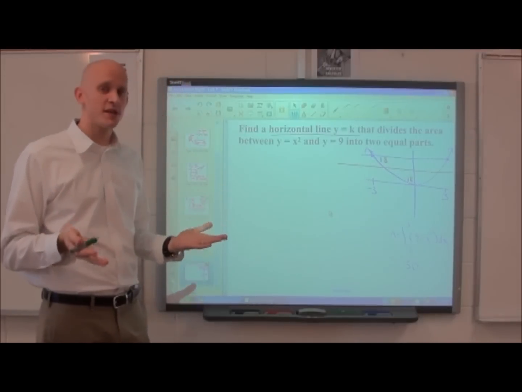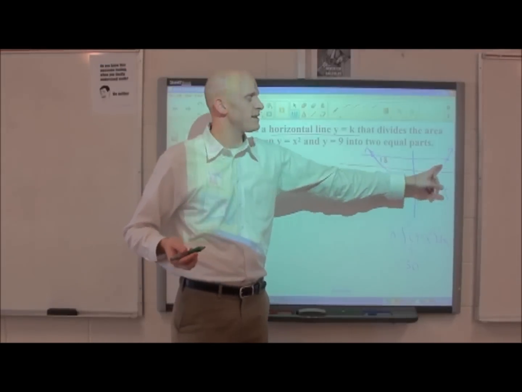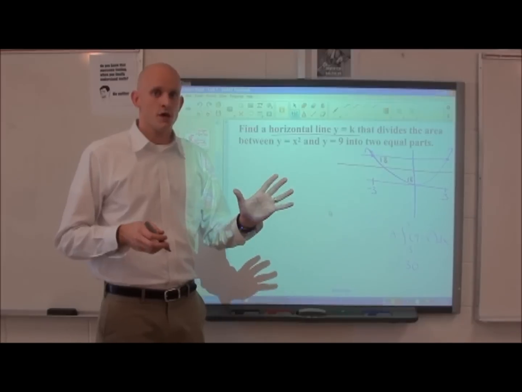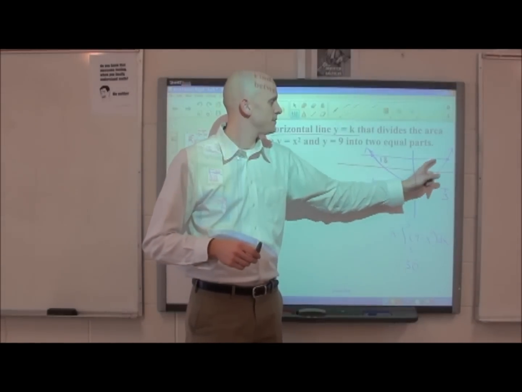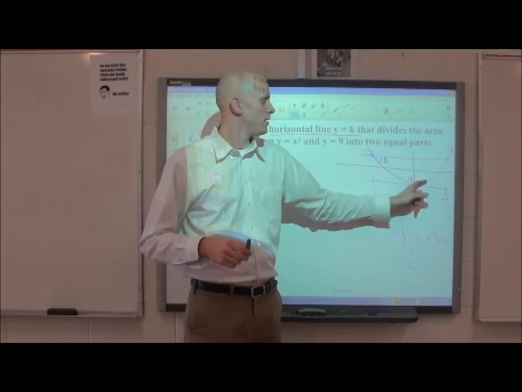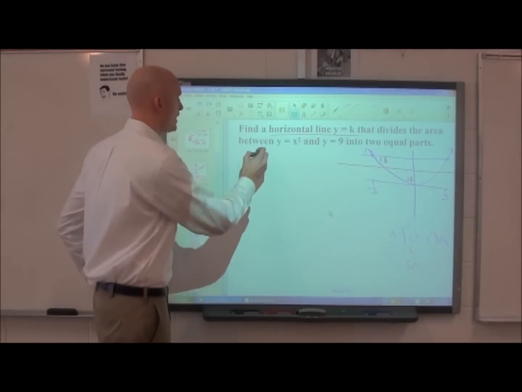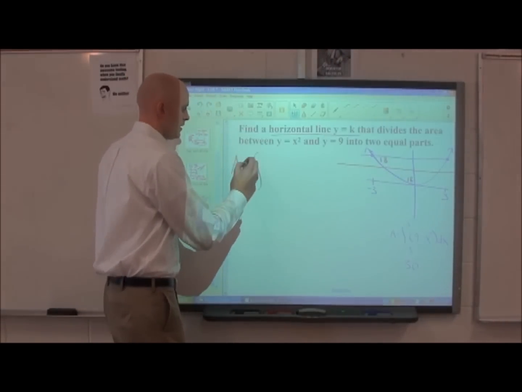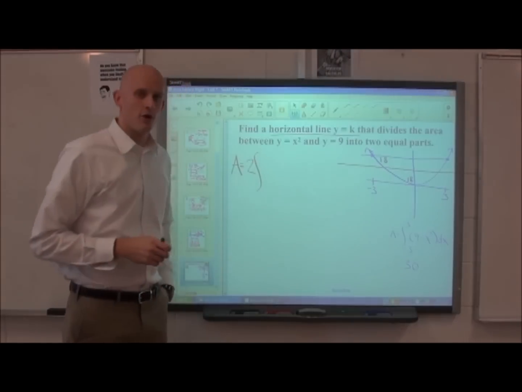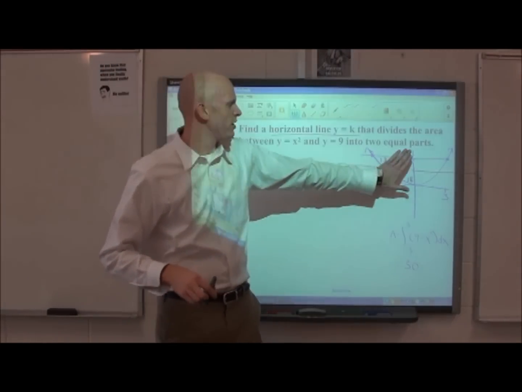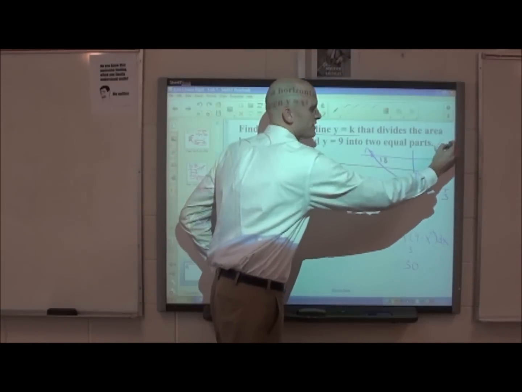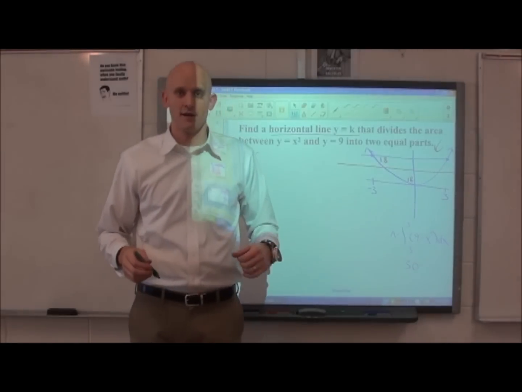So, first thing that we're going to do, you should agree that this is an even function. So I know that 2 times this area will equal the total. So I'm going to end up using an integral multiplied by 2, and we're only really going to deal with this right-hand side.